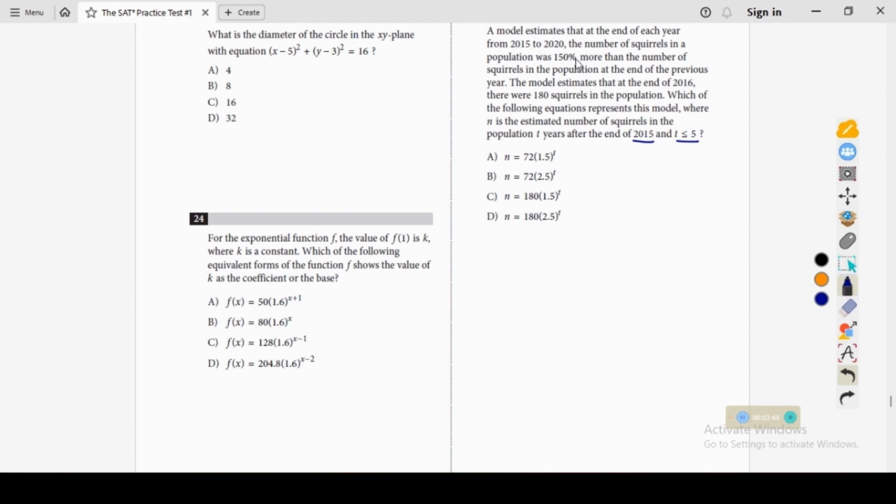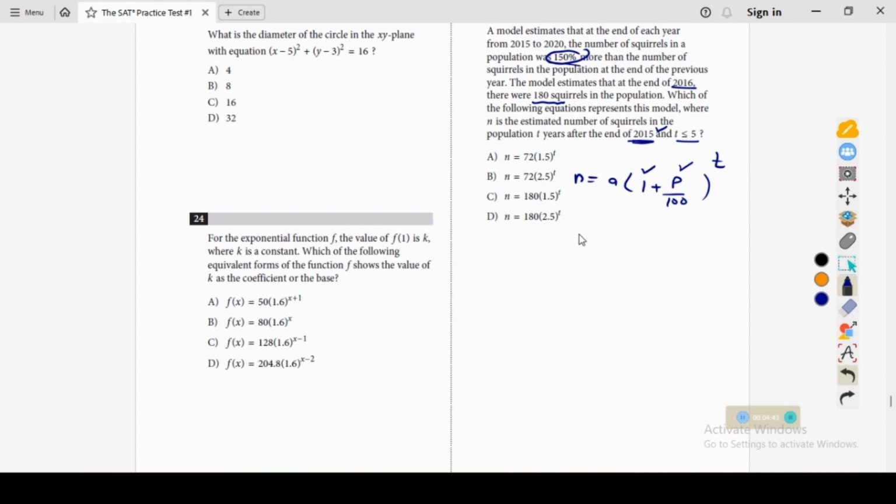Since the increase in population is 150% more than the previous year, and at the end of 2016 there are 180 squirrels, and the time starts from the end of 2015, the model that best represents this situation is given by n equals a times (1 plus p over 100) whole raised to the power t, where p represents the percentage increase in the population per year.